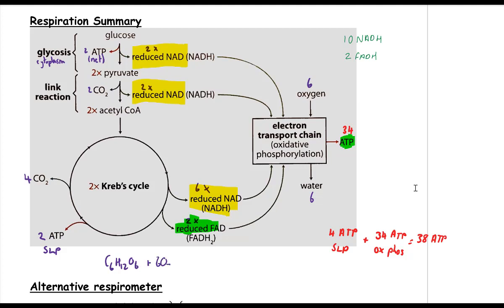We've added 6 oxygen molecules, and we've got 6 carbon dioxides plus 6 molecules of water plus 38 molecules of ATP. And that is the end of aerobic respiration. That was tough.